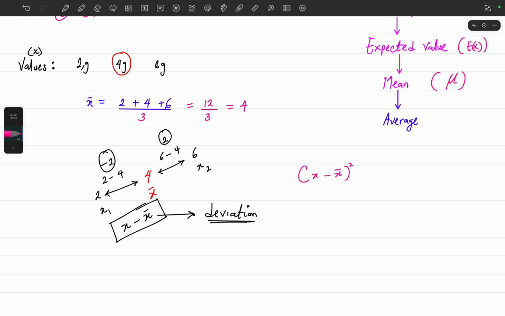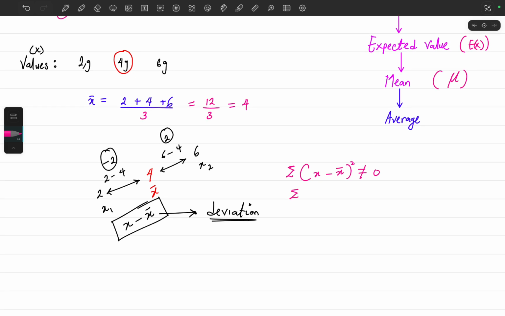If you square it like this, all the negative numbers become positive and positive numbers remain positive, and therefore the summation of our deviation is no longer equal to 0. But if you take the sum of deviation, it is equal to 0. You just want to get this straight right now. So when we do this, that one is not equal to 0 and the other one is equal to 0.